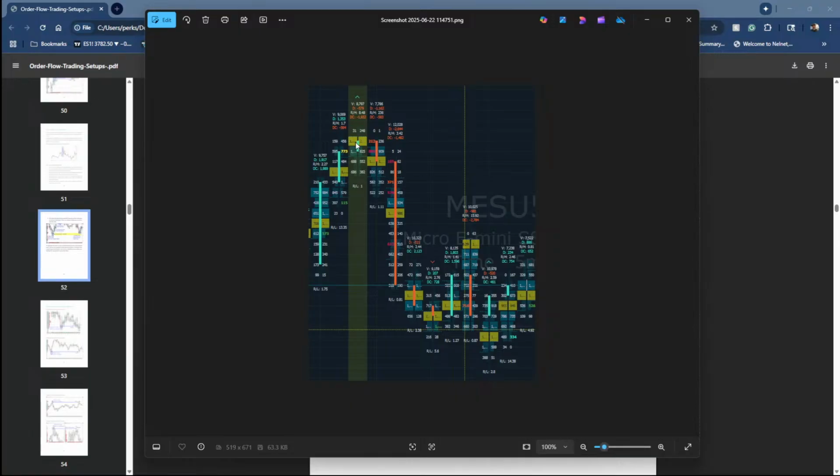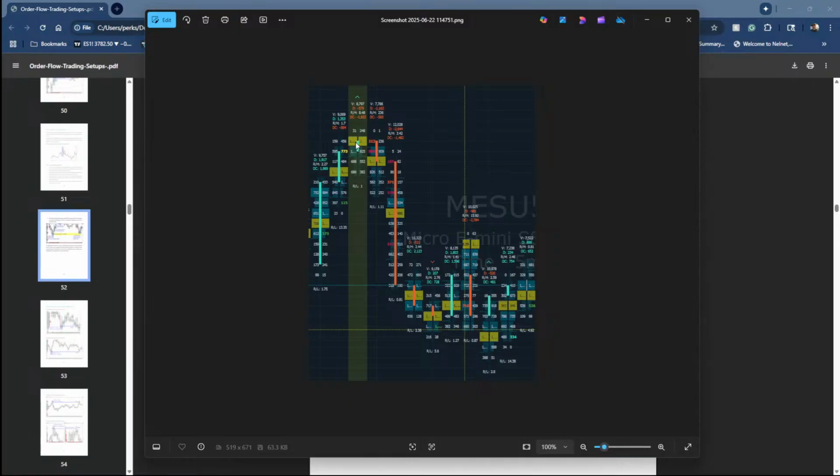Or if I'm selling at the bid, then I'm willing to sell cheaper than what the ask price is. If I'm willing to pay more money to get into the trade, I'm the aggressor. If I'm willing to sell my contract for cheaper than the current ask price, then I'm the aggressive seller. So hopefully that makes sense to everybody.